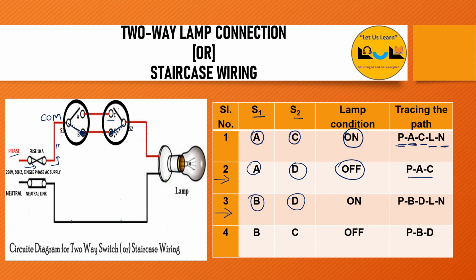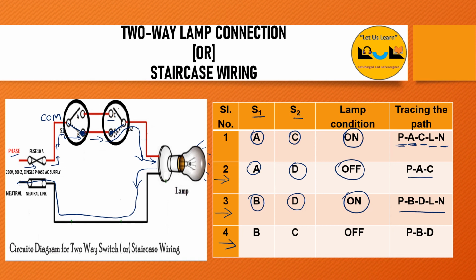So the current will flow in this direction. It will go to B, from B to D, and from D to the lamp. Once it reaches the lamp it starts to glow, and then the current will flow in the return path to the neutral. So at that time the lamp is in the on position. This is the tracing path of the current.